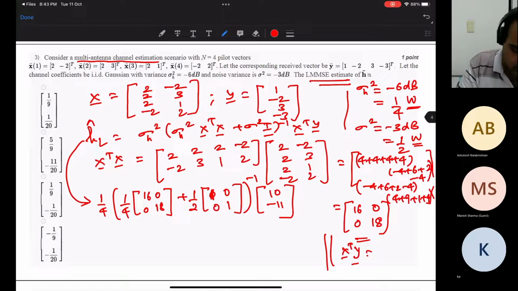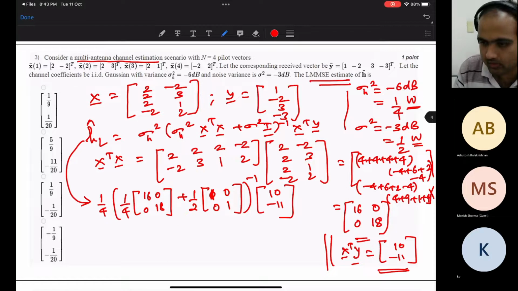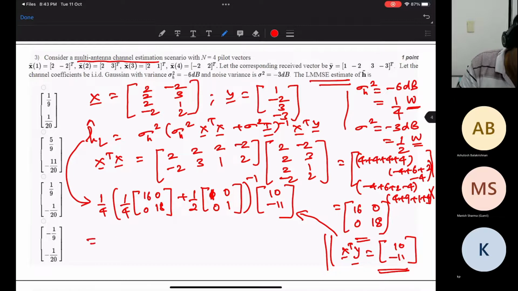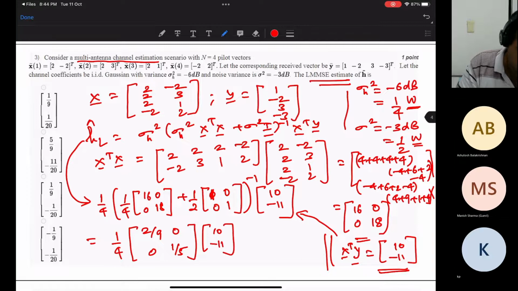X transpose Y is basically 10 minus 11, which is my third term. If we solve this, we get 1 by 4, 2 by 9, 0, 0, 1 by 5, times 10 minus 11, which comes out to be 5 by 9 minus 11 by 20. This is option B.